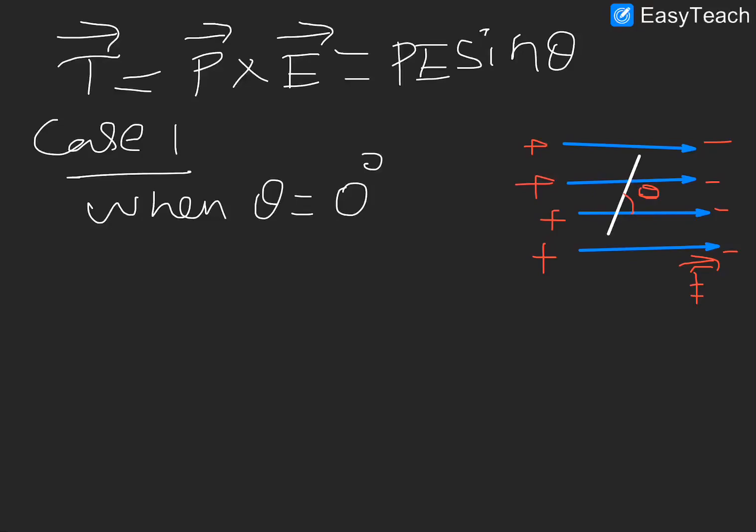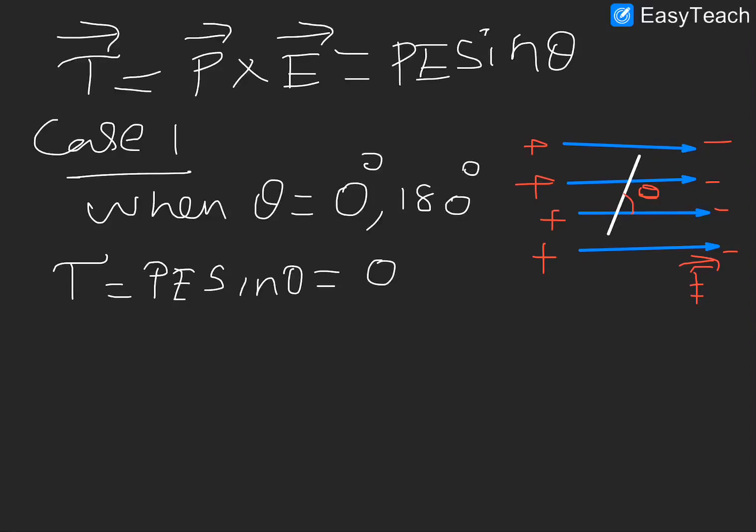Now when you place it like that, what happens? When theta is equal to 0, what is torque? PE sine 0, that is 0 because sine 0 is 0. When theta is equal to 180 degree, again torque will be 0. So torque will be 0 when theta is equal to 0 or 180 degrees.